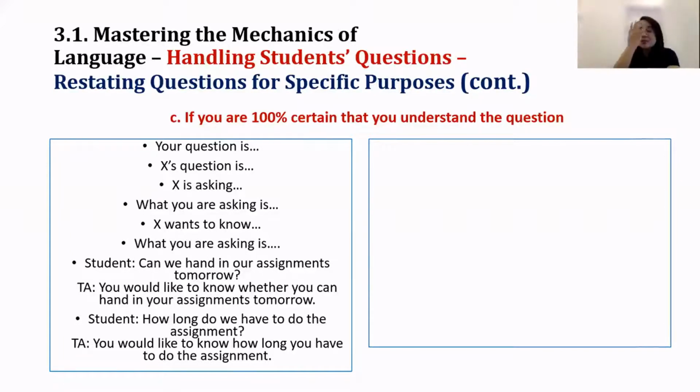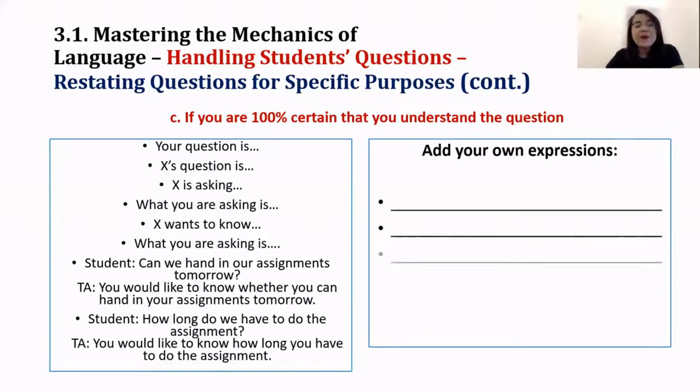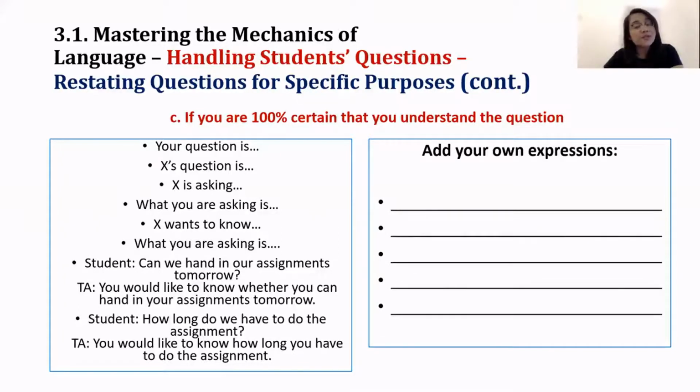So only use these expressions if you are 100% sure or certain that you understand the question. But if you think you need more clarification about the question from your students, don't use this expression, right? Now it's your time. How about you? What kind of expressions will you use if you are 100% certain that you understand the question?